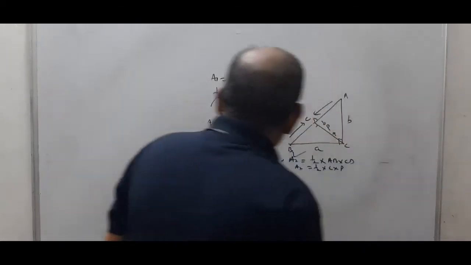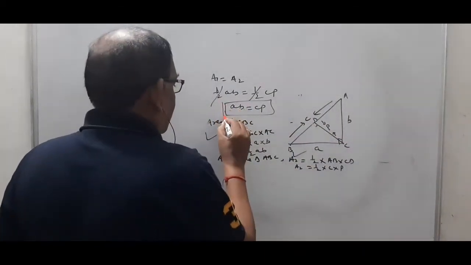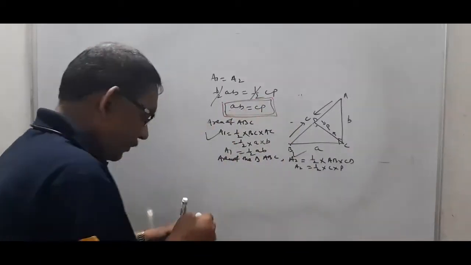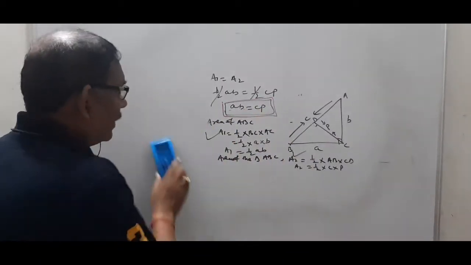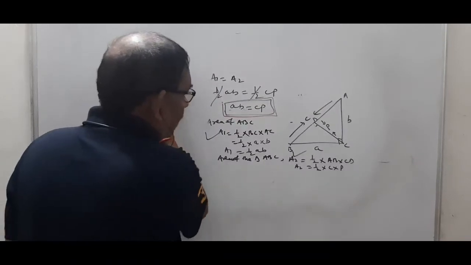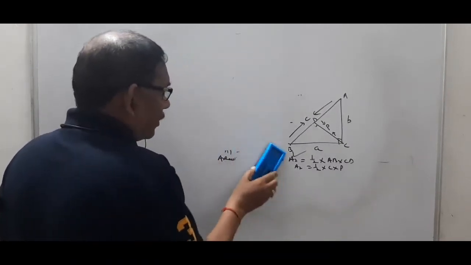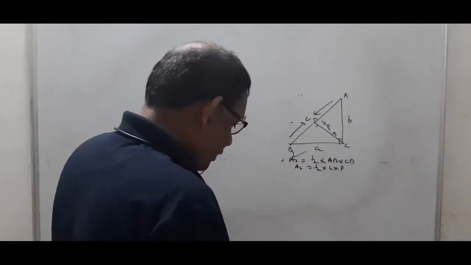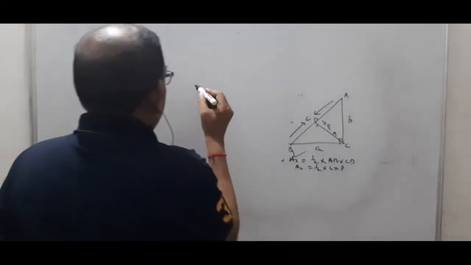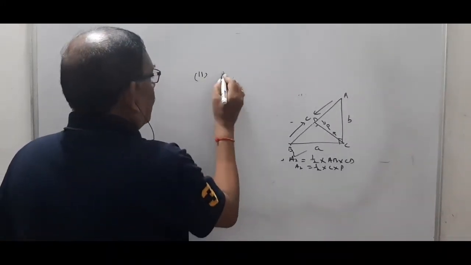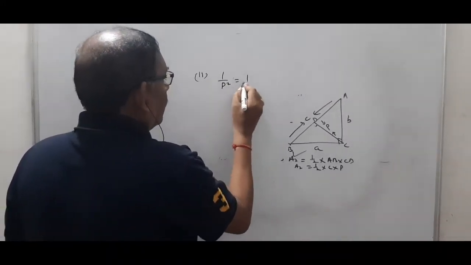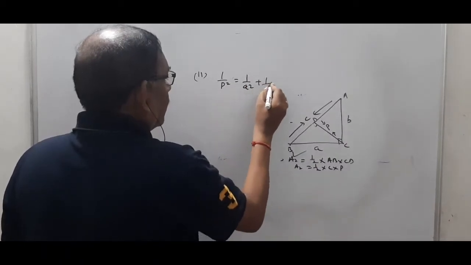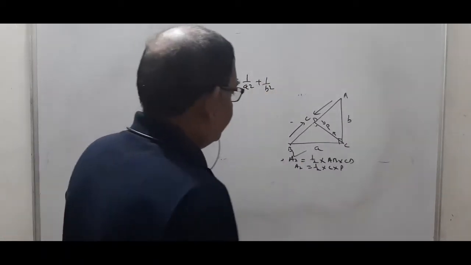Now come to the second bit. Okay, what is your second bit? Look here, the second bit is 1 by P square equals 1 by A square plus 1 by B square.